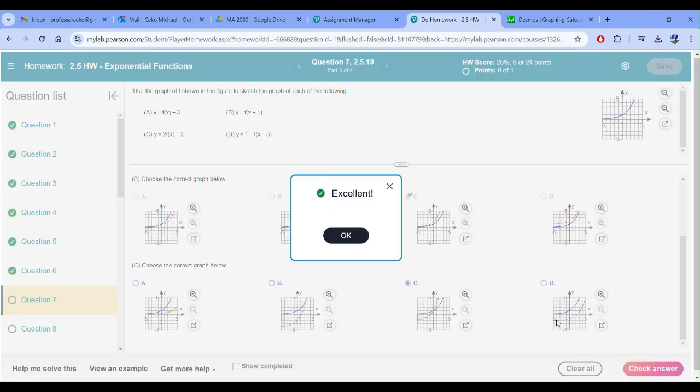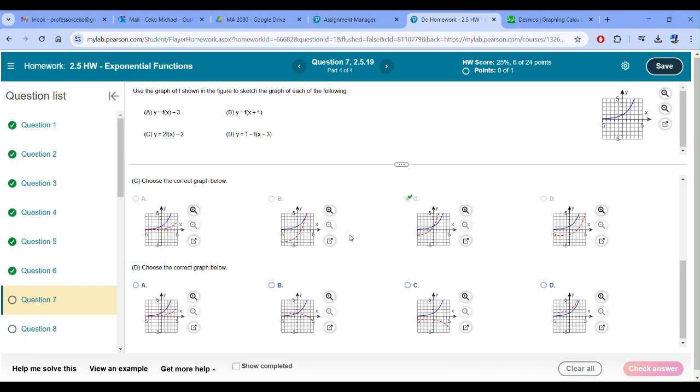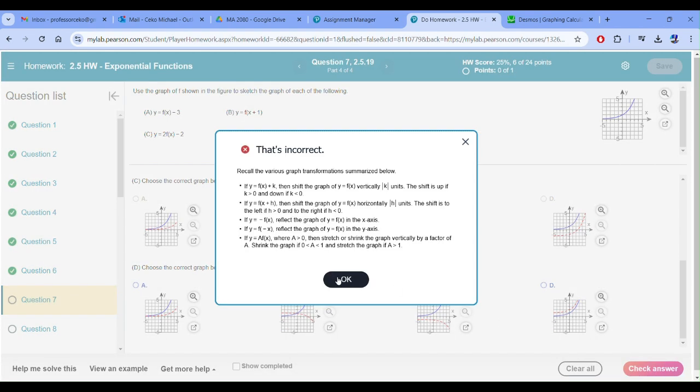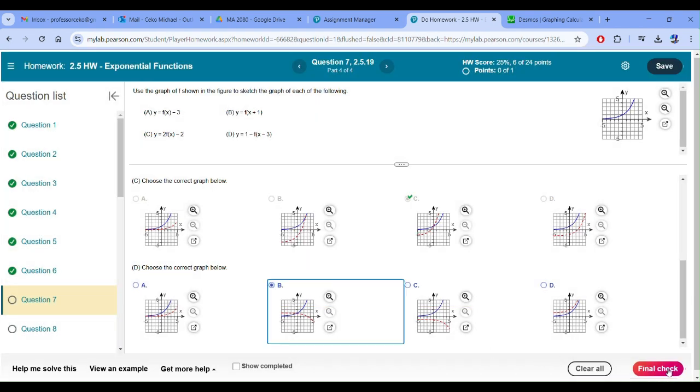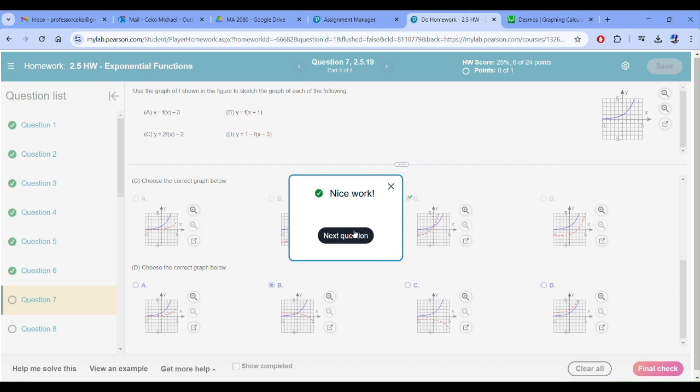This one did not change the growth. And last but not least, this one is going to be upside down, up 1 unit, and shifted right 3. I think C. No, then it has to be A. There you go.